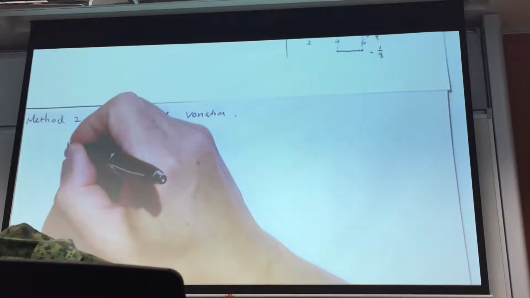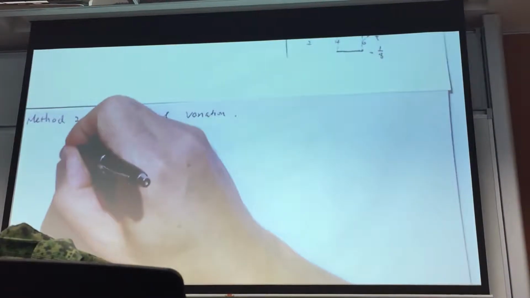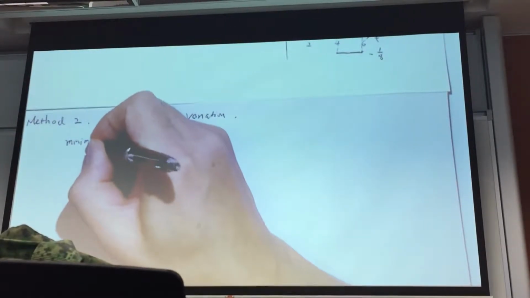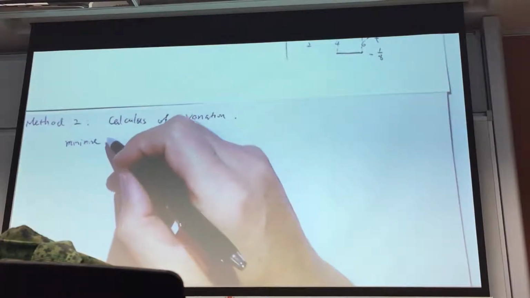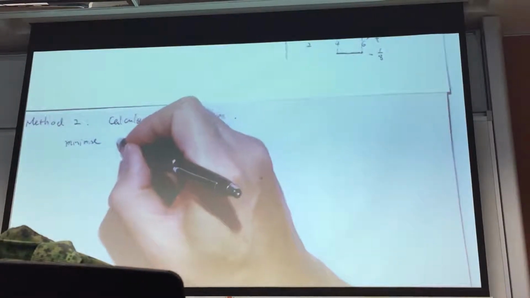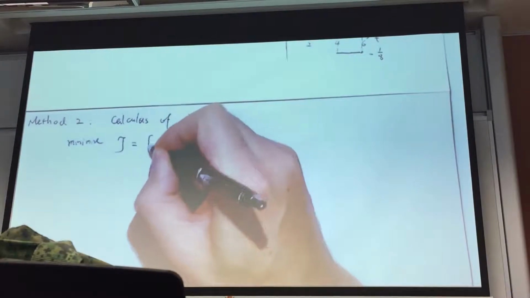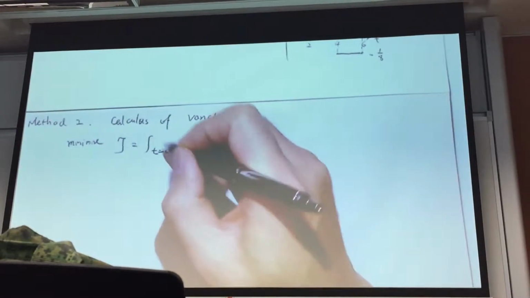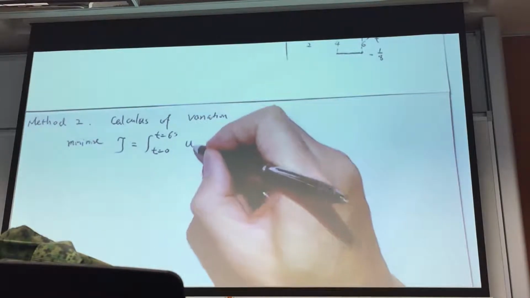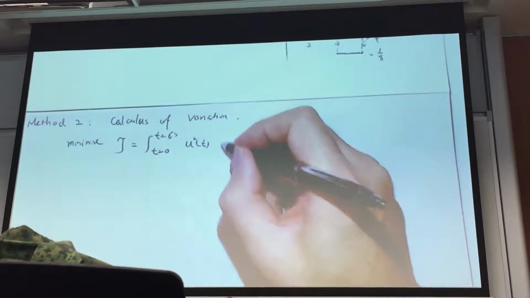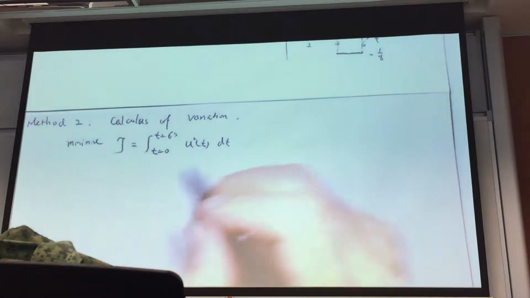We want to minimize our cost function, which represents the control energy, from t equal to 0 to t equal to 6 seconds, of u(t) squared dt.